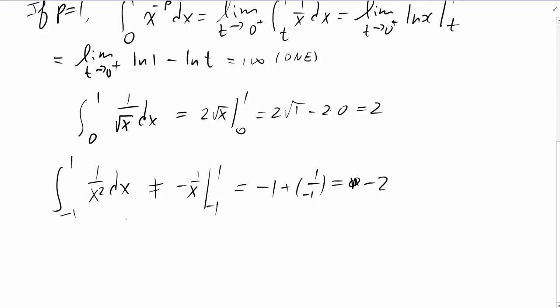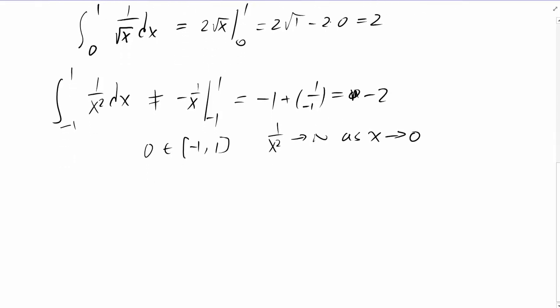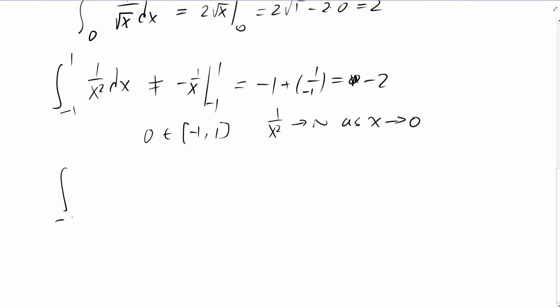The reason is there is a 0 in the interval. So 0 is inside -1 and 1, and 1 over x squared goes to infinity as x goes to 0. So we really have an improper integral.